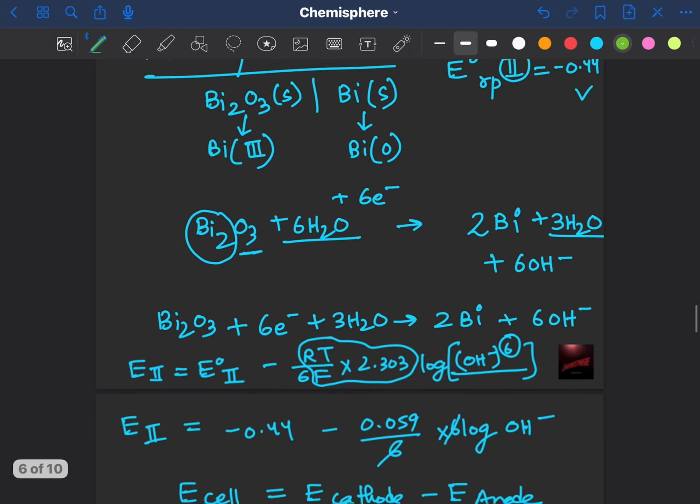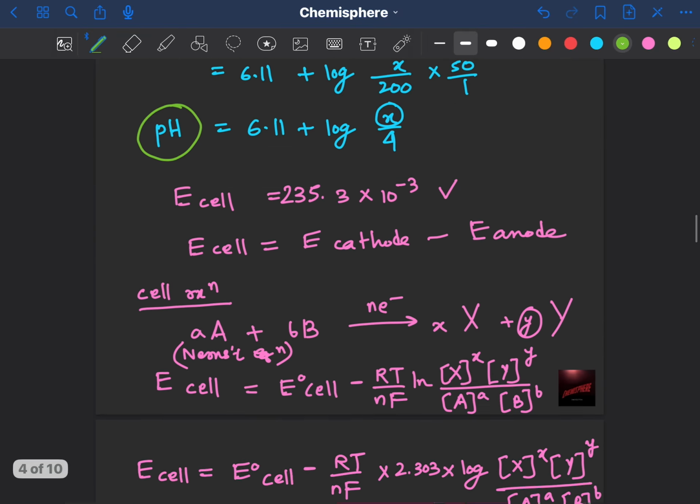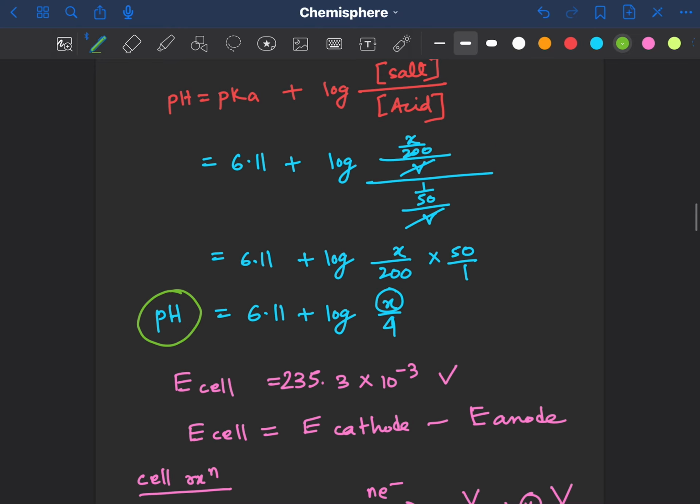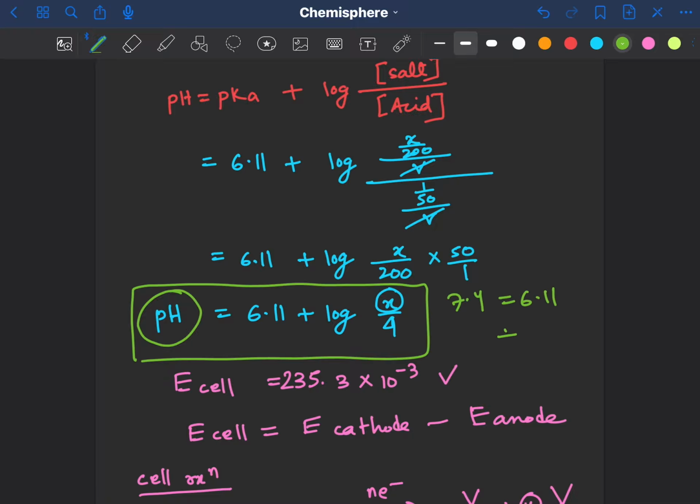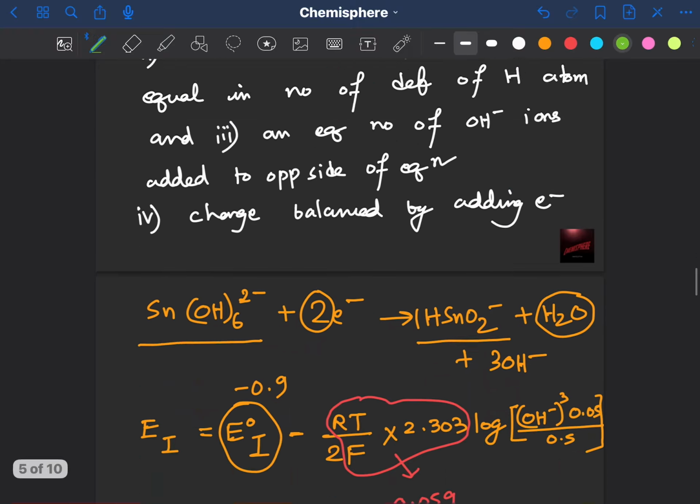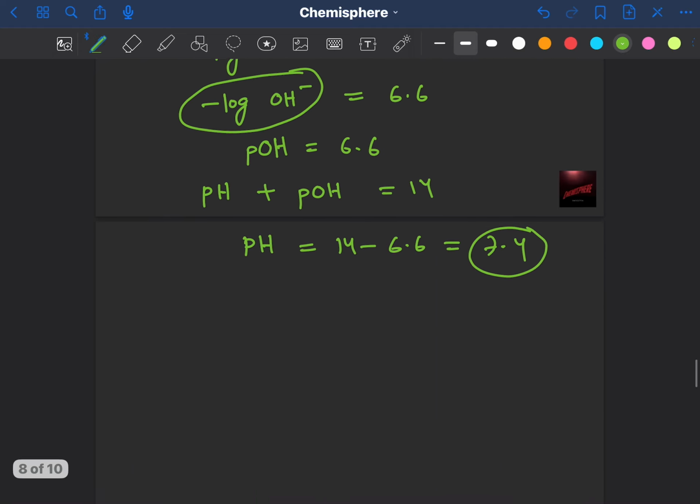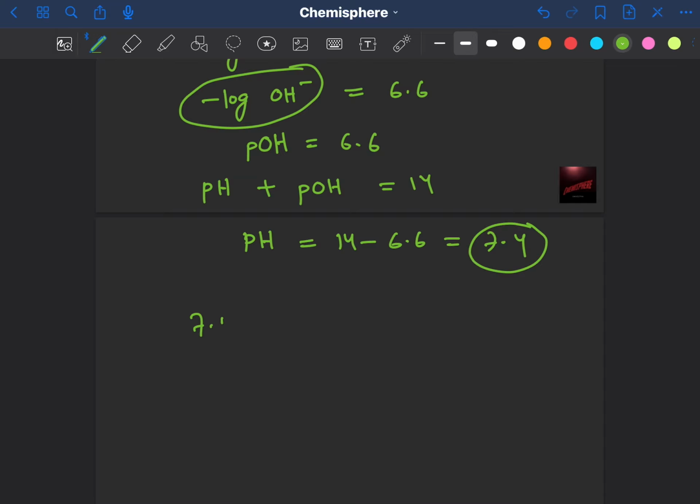Now going back to the Henderson-Hasselbalch equation, which is this, right? Here pH was unknown to us to calculate X, so let us substitute pH as 7.4. So 7.4 will be equal to 6.11 plus log of X by 4. I will write it down again: 7.4 is equal to 6.11 plus log of X by 4.